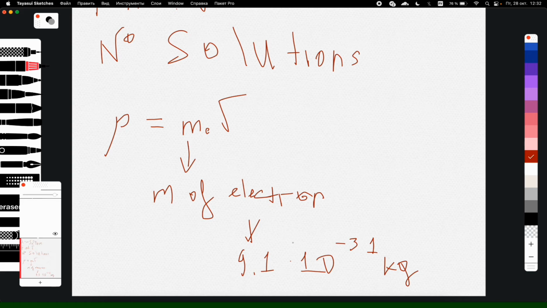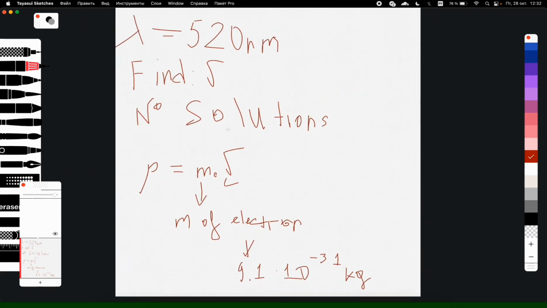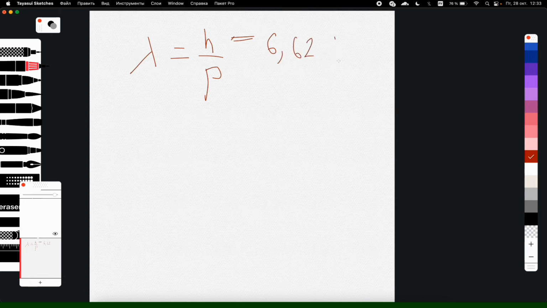And we know v, and we also write the de Broglie wavelength formula. The wavelength equals h divided by p. In this formula h is the Planck constant, equal to 6.62 multiplied by 10 to the minus 33.